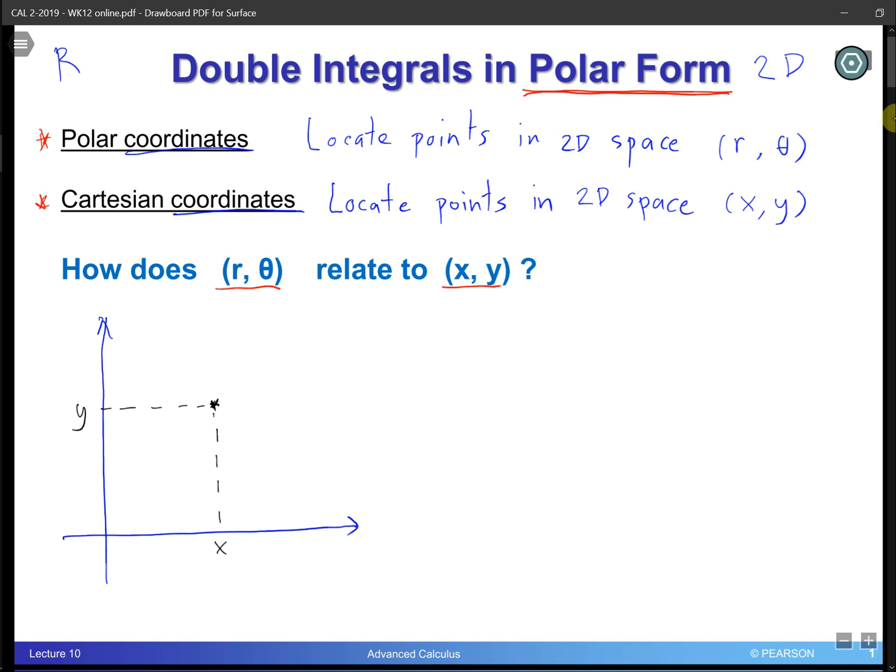So we can name the location of this point x and y. For example, you can have 1, 2, and you know where to find this point. Maybe sometimes you have minus 50 and 2. You can find those points. Alright, so that is the Cartesian coordinates.